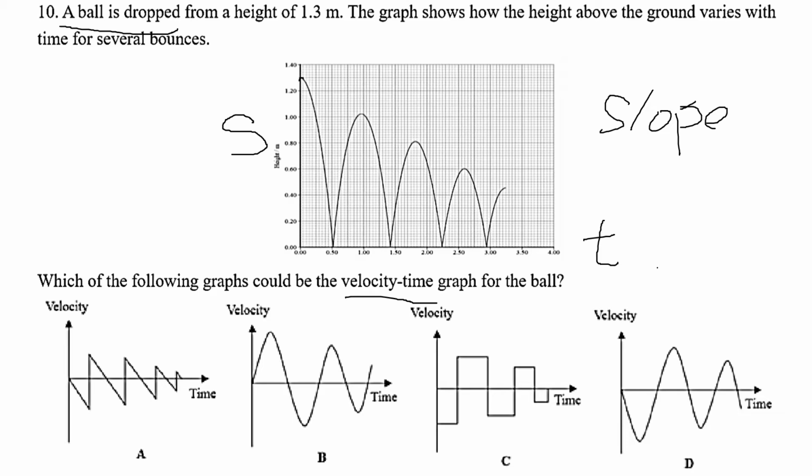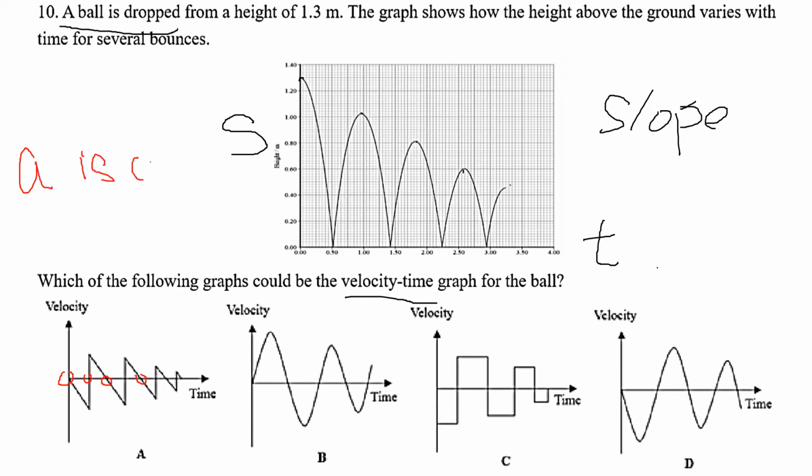It's 0, right? You get a few zero points here, and since you drop the ball from a certain height, the acceleration should be a constant, equal to negative 9.81 meter per second squared. The acceleration is a constant.